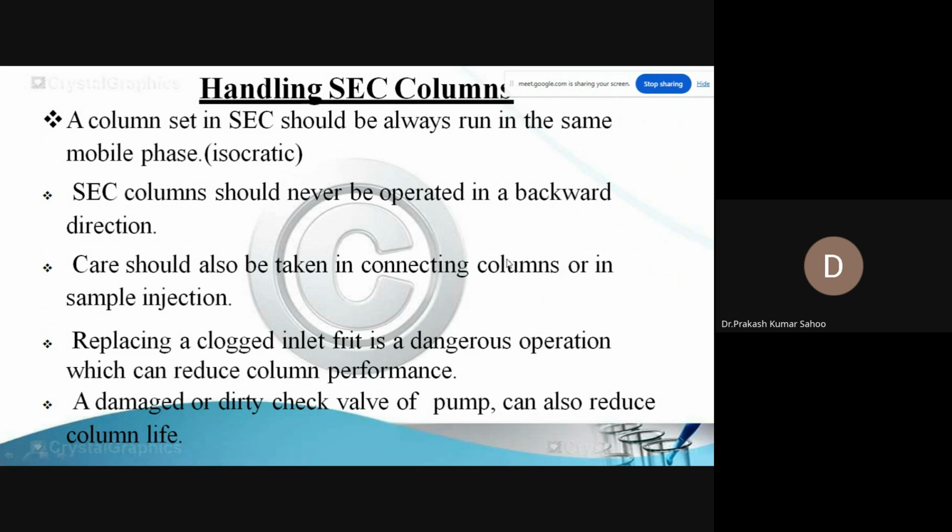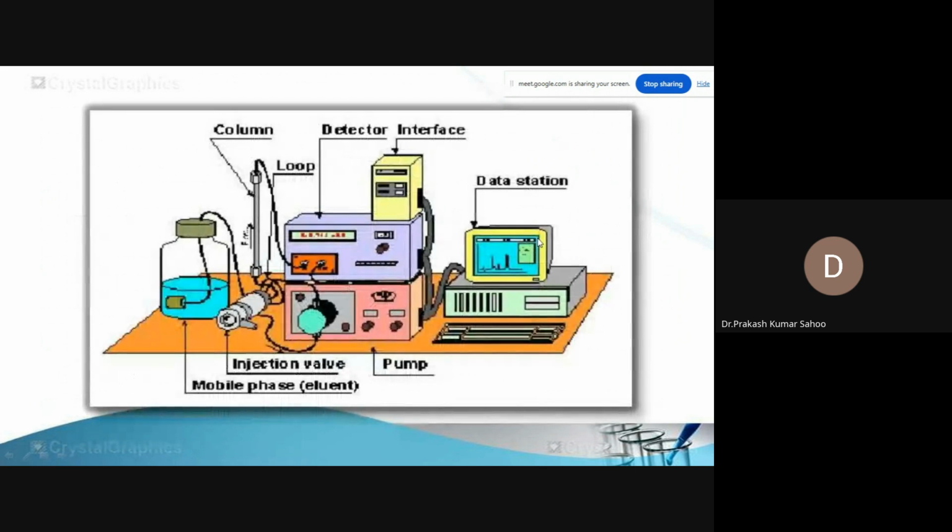Care should be taken in connecting columns or in sample injection. Replacing a clogged inlet frit is a dangerous operation which can reduce column performance. A damaged or dirty check valve or pump can also reduce column life. So all should be carefully handled and checked before going through the SEC separation.